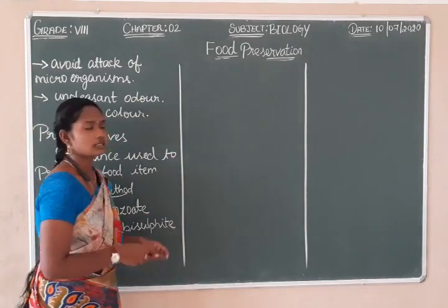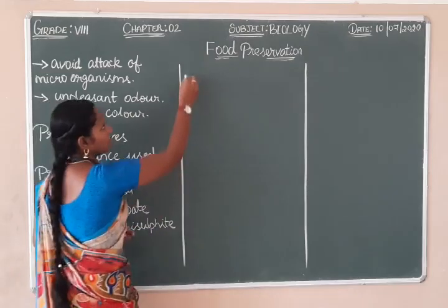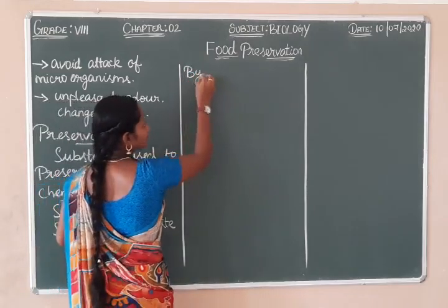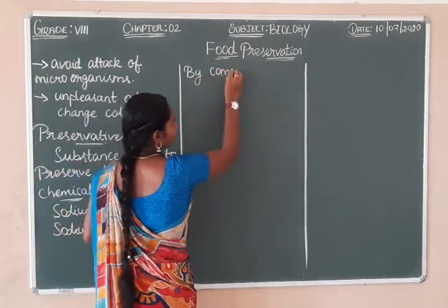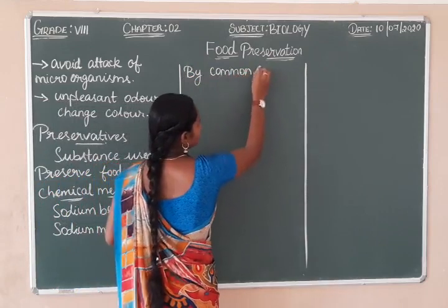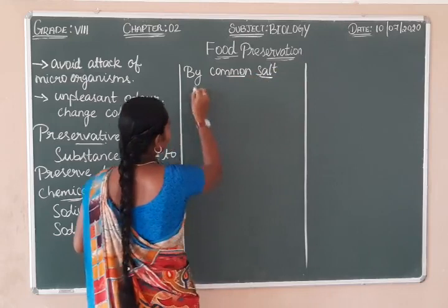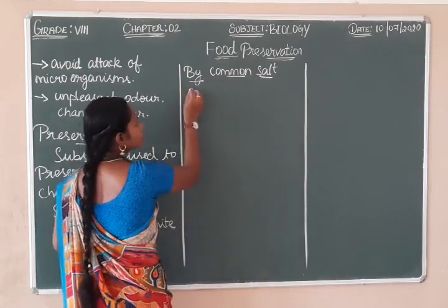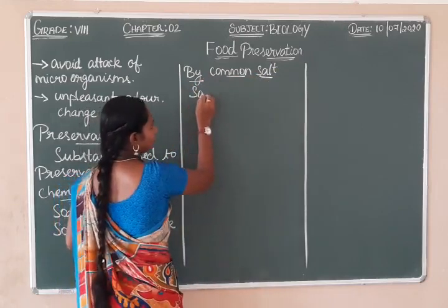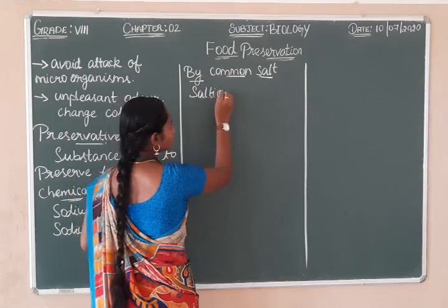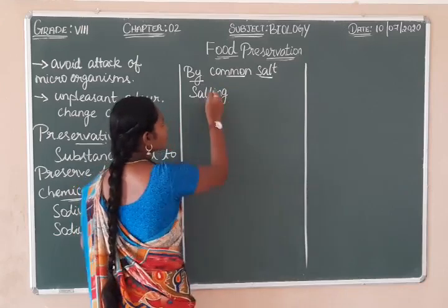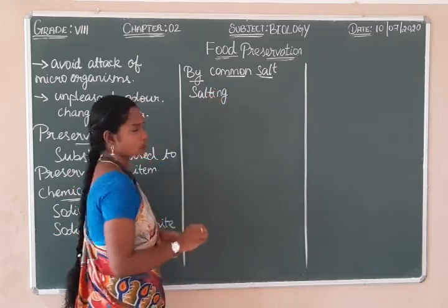Next preservative is common salt. We use salt at home. By common salt we preserve food, and this process is called salting. Adding salt to the food to preserve it is called the salting process.